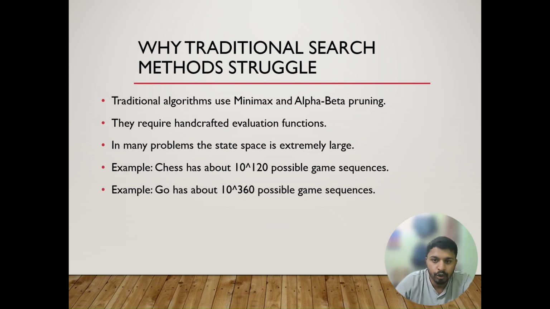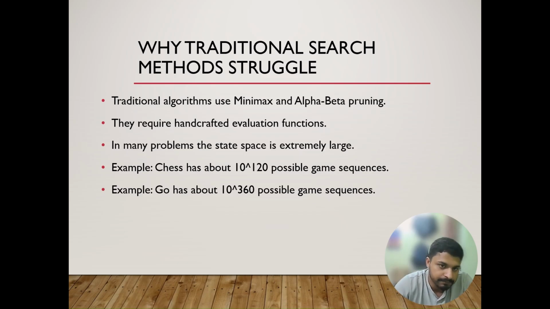For example, Go and AlphaGo have very large game space trees, so it is very difficult to craft an evaluation function. Designing a good evaluation function requires deep expert knowledge about the game.